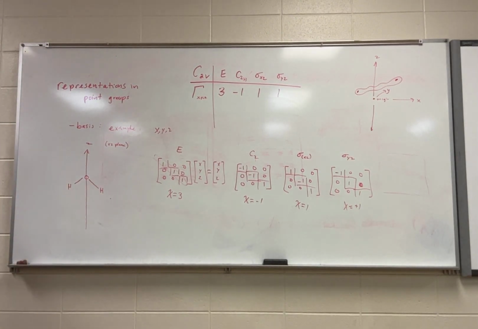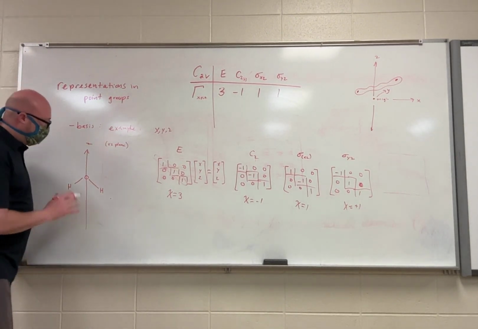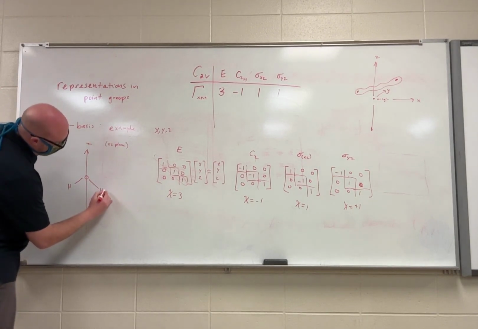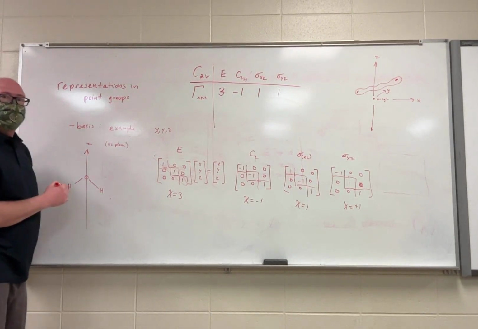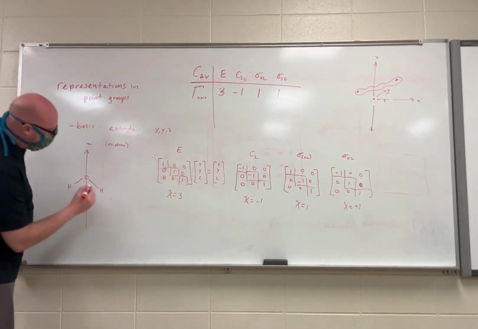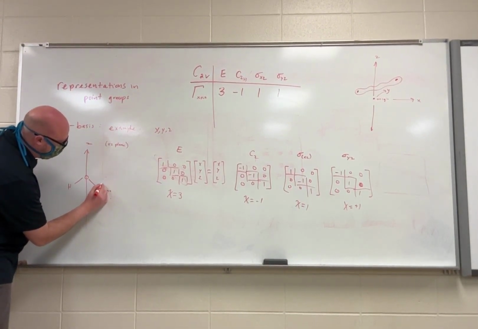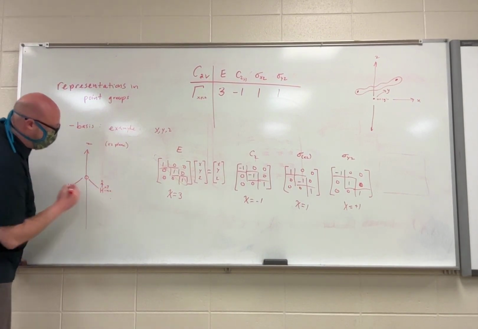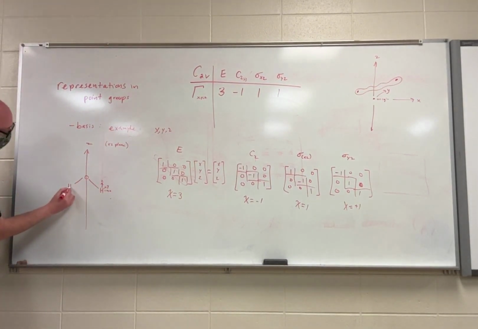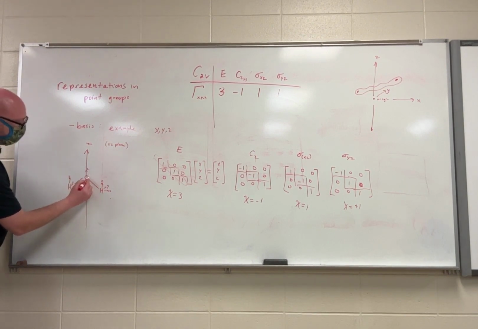And I could take as a basis for this representation maybe small arrows at each atom. Maybe an arrow that goes x, an arrow that goes z, and an arrow that goes back, and we'll call that y. And on this hydrogen, maybe we can call this x, we can call this z, and we can call this y. And same thing here.